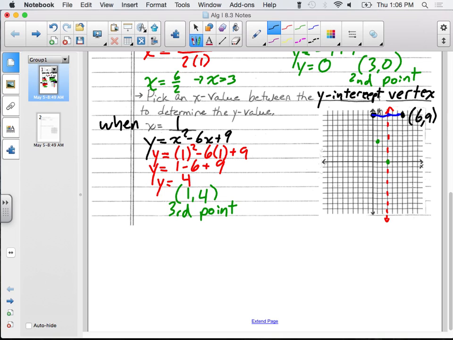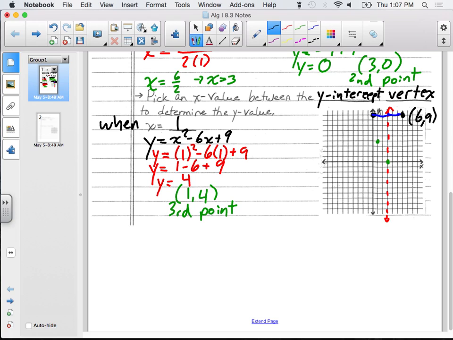The points that we're finding using symmetry on your graph, I want you to label what the point is. All right, so we did that one. We have 4 points so far. We need 1 more. We can use that third point that we found, 1, 4. We can use symmetry to find that one.